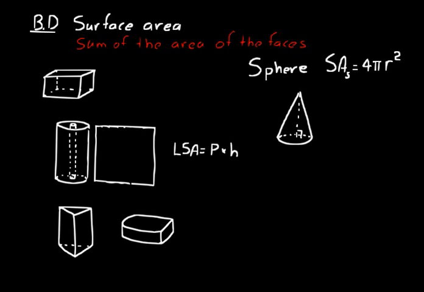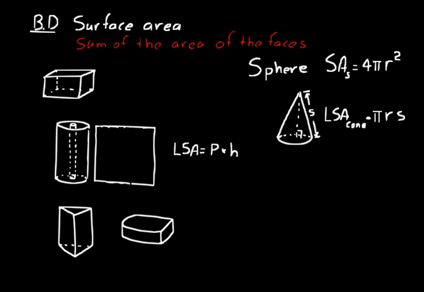The lateral surface area, we'll say LSA, for a cone is equal to pi times the radius of the base, times S, which is the length of the side. So S is the length of one side.